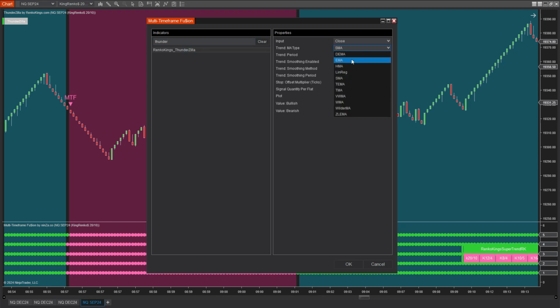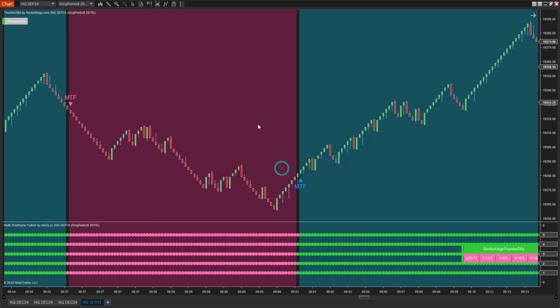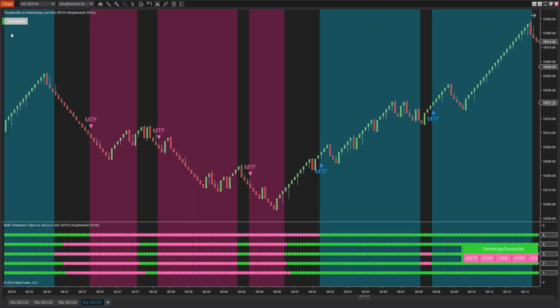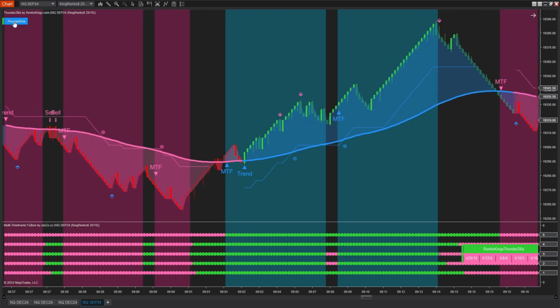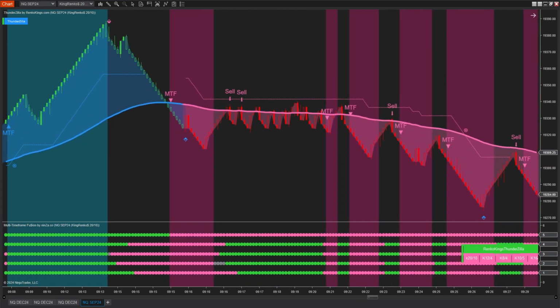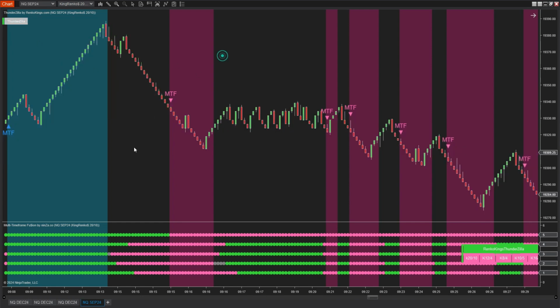By merging these two approaches, you're not only getting a comprehensive view of the market, but also adding an extra layer of confirmation. This combination leverages the detailed insights from trend, zone, and signal, while cross-checking them across multiple timeframes for even greater accuracy. It's like having a double-check system that ensures your signals are not only reliable, but also backed by a broader market perspective.